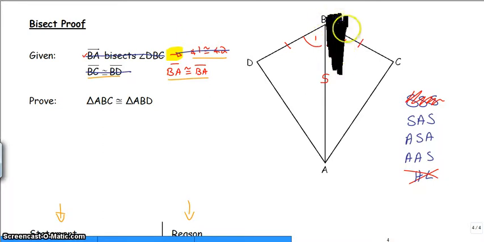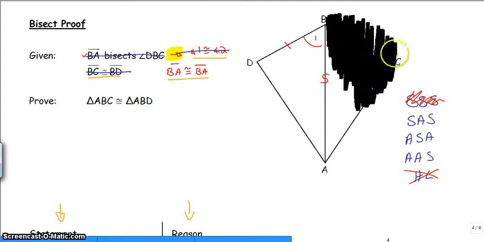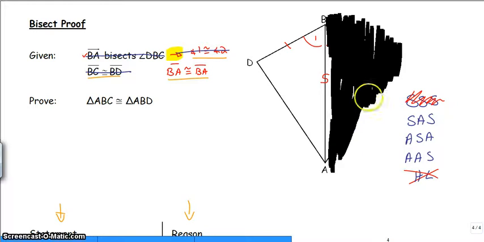If I hide one triangle, I encourage you to do this. Take a sheet of paper, hide it. It'll help you see which one of our methods we are using. If I look at just this triangle here, I see that I have two sides and an angle.